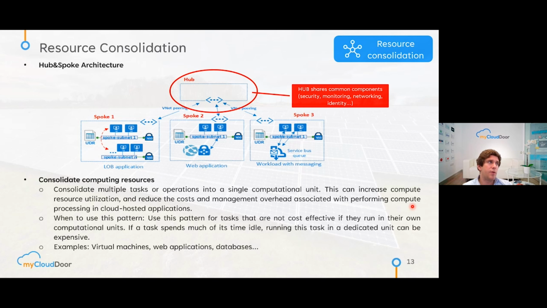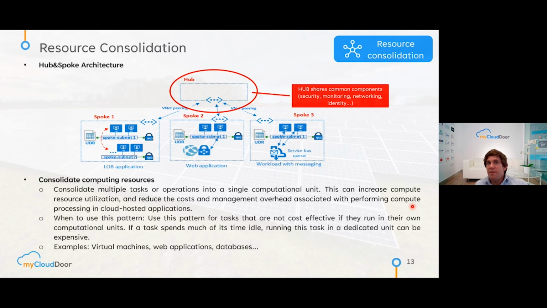And second, consolidating computing resources. So when working in traditional environments, there was more flexibility in terms of the size of the VMs. So you were able, for a computing resource, to add one additional virtual CPU or one additional gigabyte of RAM. In the cloud, you cannot, because you have t-shirt sizes, so some sizes on the VMs. You have a lot, but you don't have all the flexibility. So sometimes when going into very small applications, we may see that the smallest servers may have at least a couple of virtual CPUs, like 8 gigabytes of RAM.